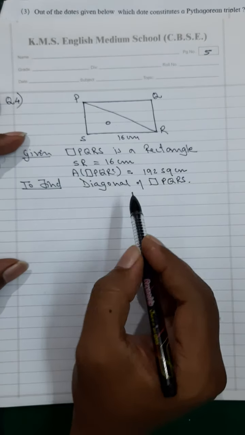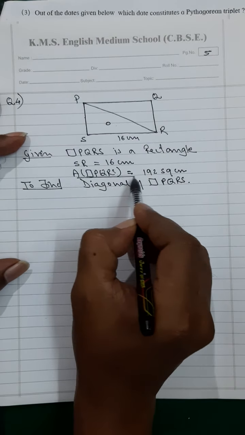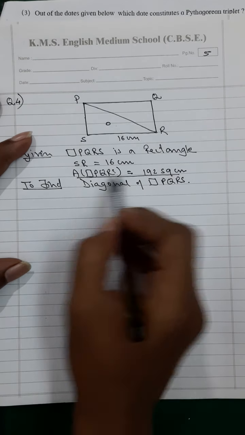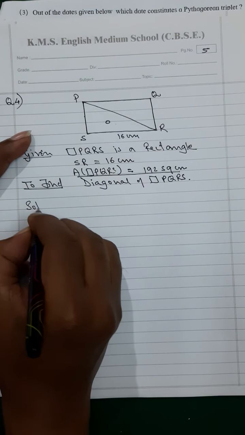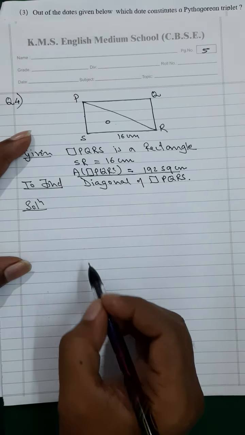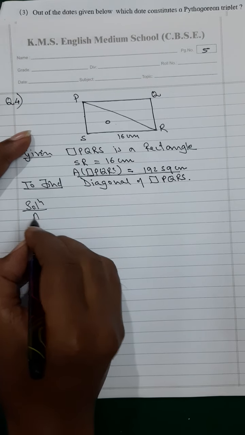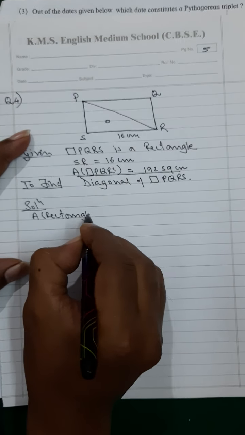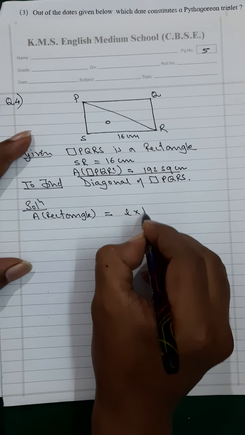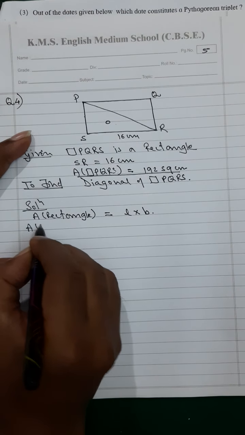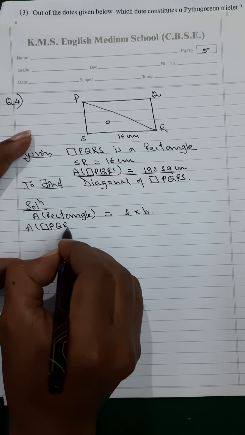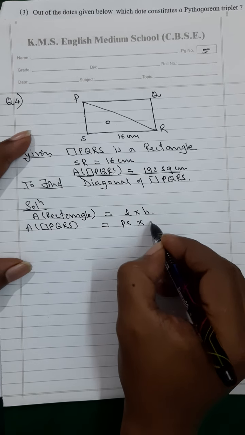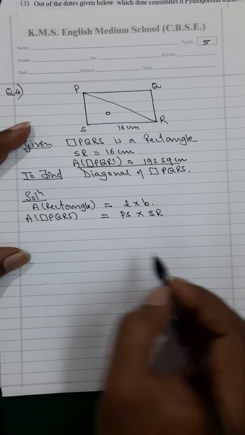To calculate PS, we will have to use this information, the area of quadrilateral PQRS, that is the area of the rectangle. The length is given, breadth PS we have to find. We know that the area of a rectangle is equal to length into breadth. Therefore, the area of quadrilateral PQRS will be equal to PS into SR. Basically SR is the length we have considered.